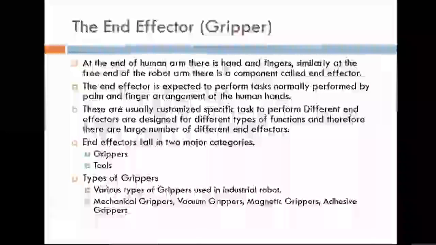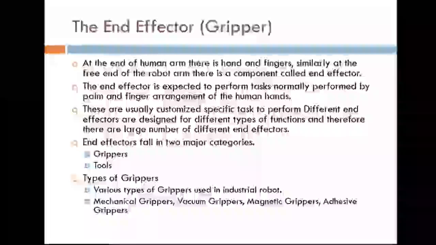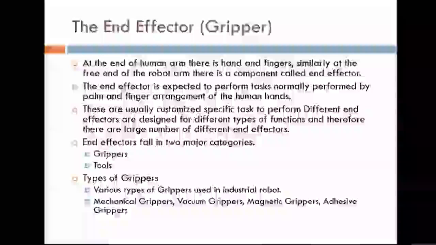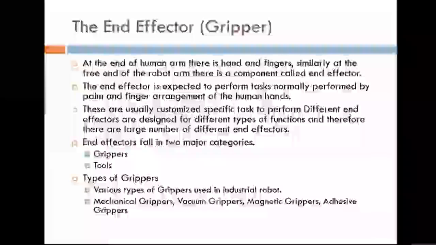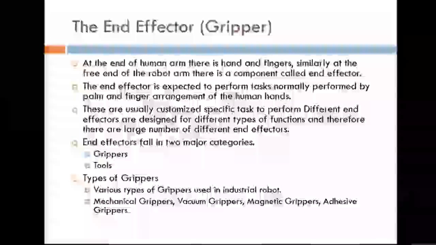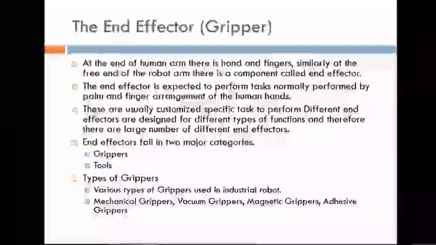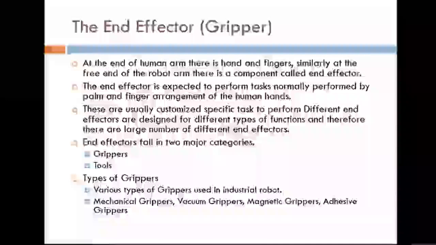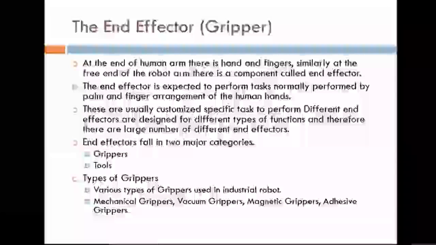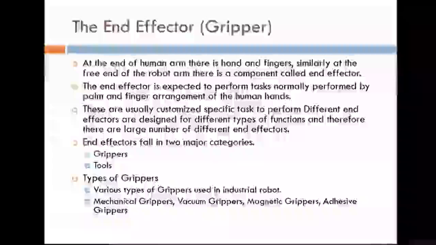The end effector or the gripper. At the end of the human arm, there is a hand and fingers. Similarly, at the free end of the robot arm, there is a component called the end effector.